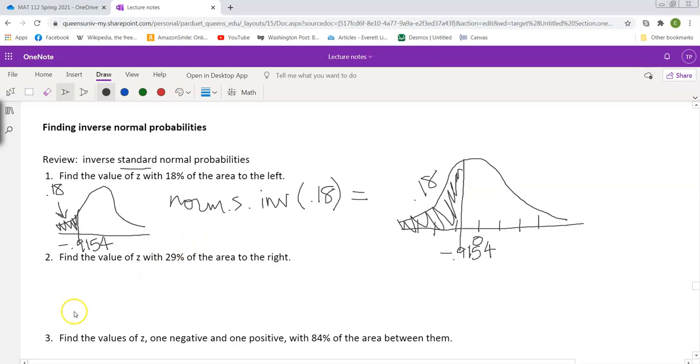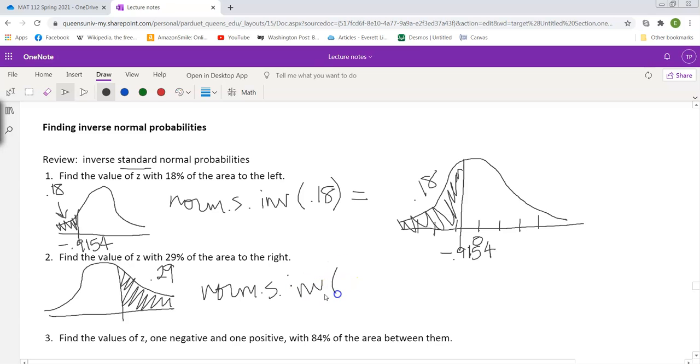The value of z with 29% of the area to the right. We've got 29% of the area to the right. When we do NORM.S.INV, if we did 0.29, that would not be the right sketch.